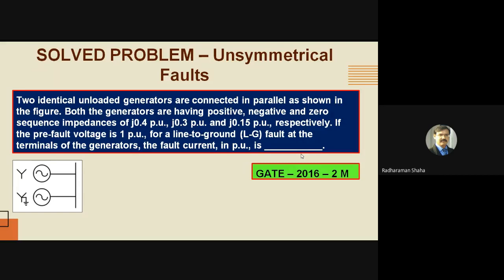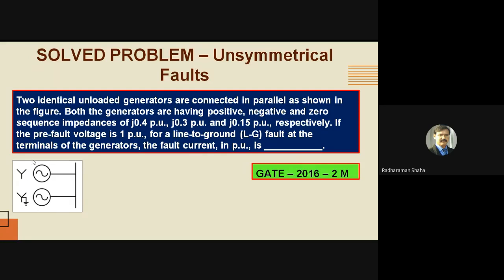We have seen the LG fault in the previous lecture, and in the line to ground fault the equation of the fault current is IF equals 3E upon Z1 plus Z2 plus Z0, where Z1 is the positive sequence impedance, Z2 is the negative sequence impedance, and Z0 is the zero sequence impedance. You can see the diagram given here.